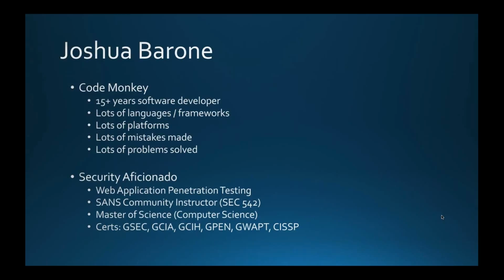I've been moving into web app pen testing for a little while. I'm a SANS community instructor, primarily teaching SANS 542, the web app pen testing course. I have my master's of science in computer science with a focus on information assurance and computer security. Several different certifications. I like all the letters after my name, so that's always fun.